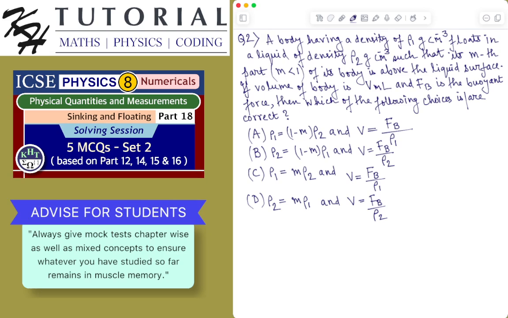If volume of body is V and if Fb is the buoyant force, then which of the following choices are correct?